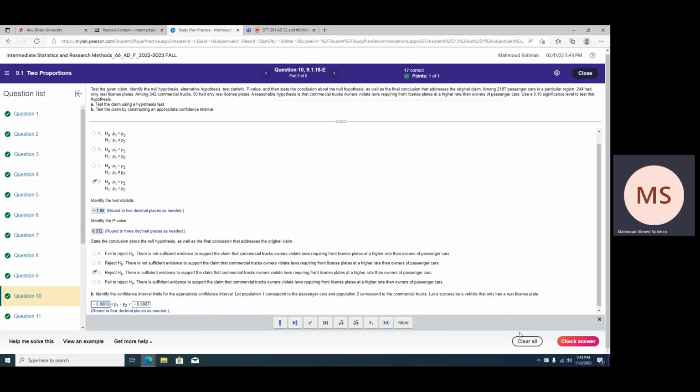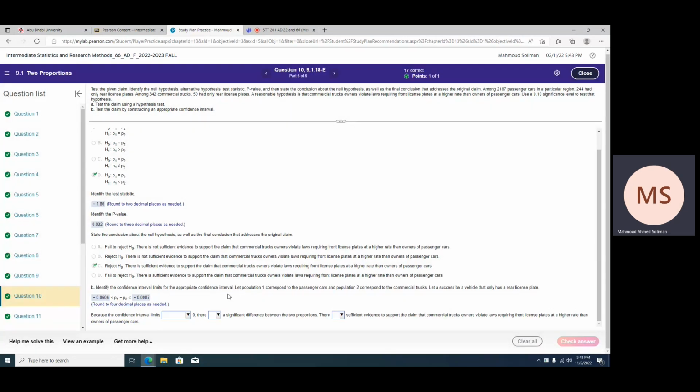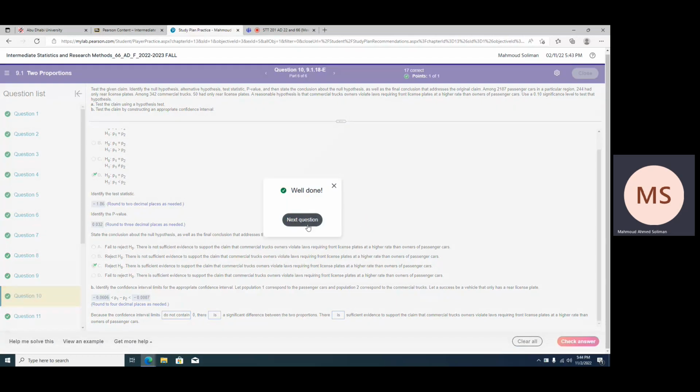Round up because it's 8 before 5. Good job. Okay, so negative to negative, there is no 0. If there is no 0, that means there is a difference between them. And so there is sufficient evidence that commercial trucks violate more laws than the passenger cars.